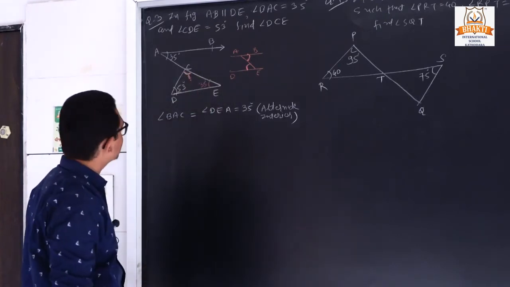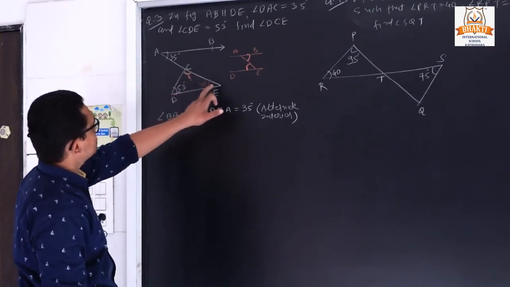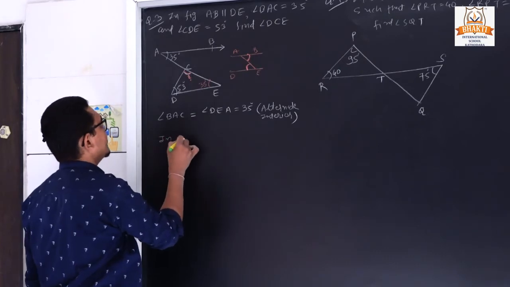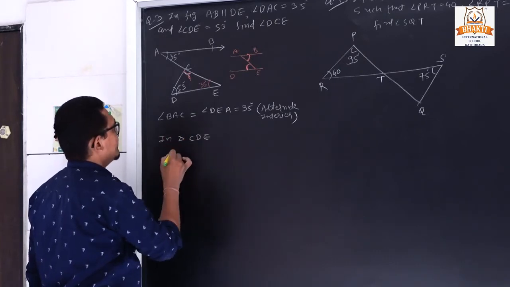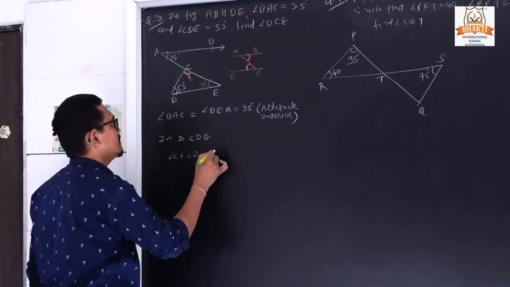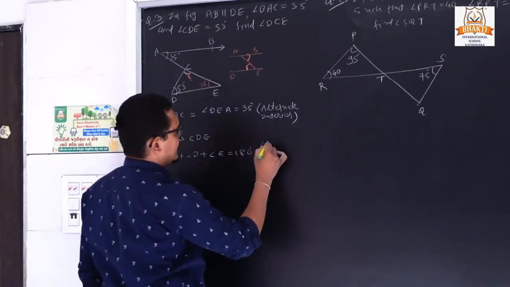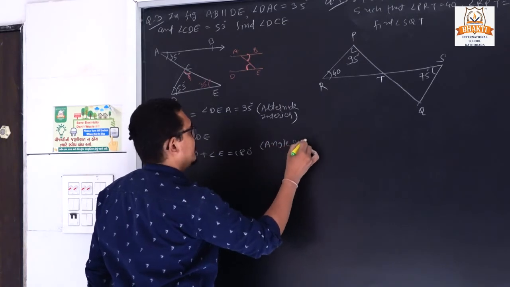Now next, here we have one small triangle CDE, so we can write in triangle CDE, angle C plus angle D plus angle E is equal to 180 degree, angle sum property.